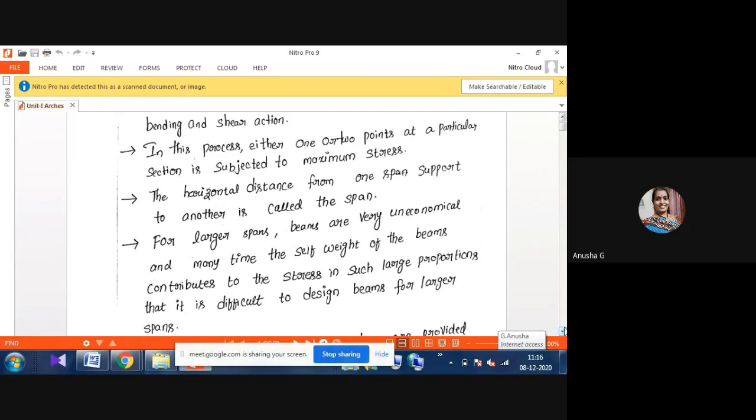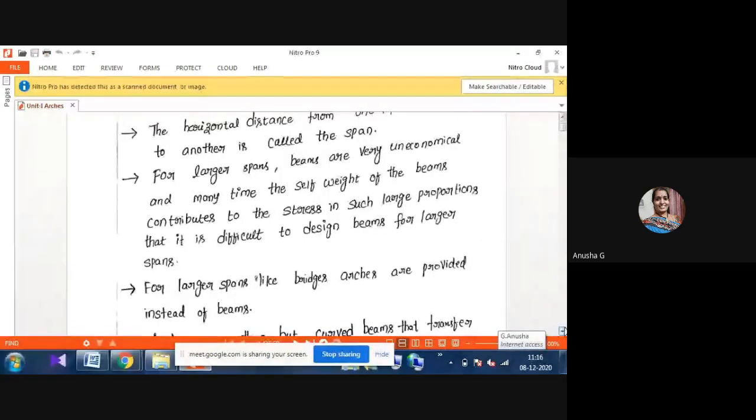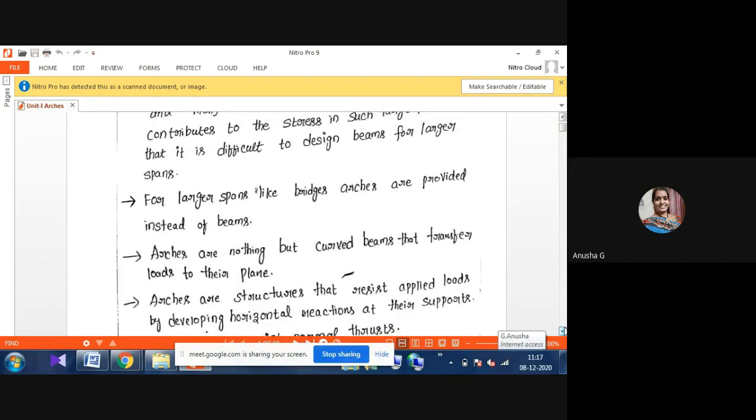In those conditions, with long continuous beams, more arches will be provided. Here we will see larger spans, for example in bridges, where arches are provided instead of beams.